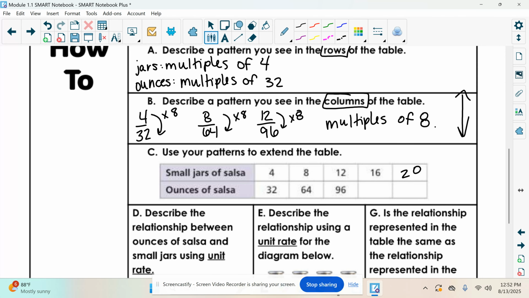But based off of the columns, what rule did we follow going from the top to the bottom? Look at part B. Times 8. So what's 16 times 8? 128. All right. Well, what's 20 times 8? 160. Good. Are we good? Okay.